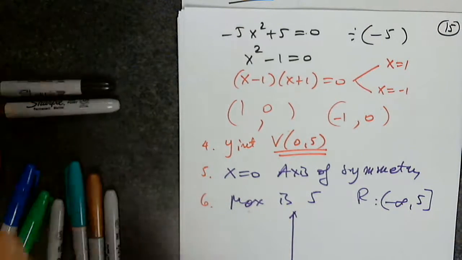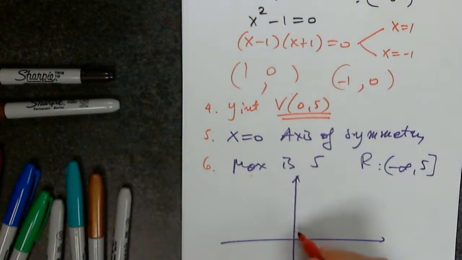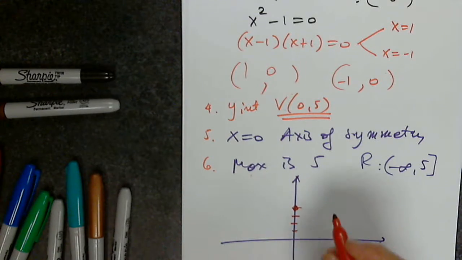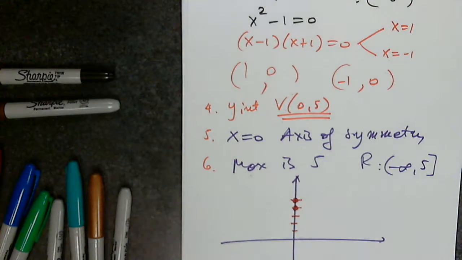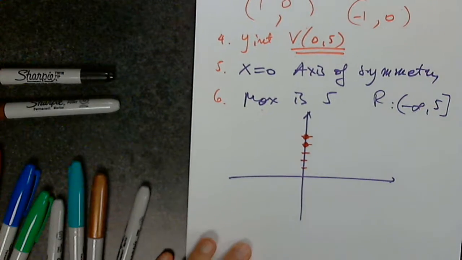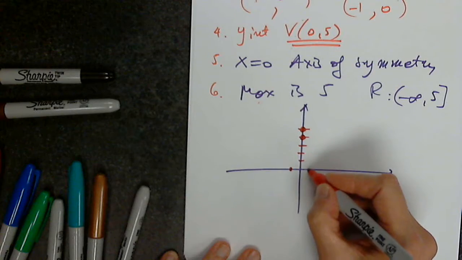I start with the vertex, which is 0, 5. Not 4, sorry. 5. Then the x-intercepts, negative 1 and 1.